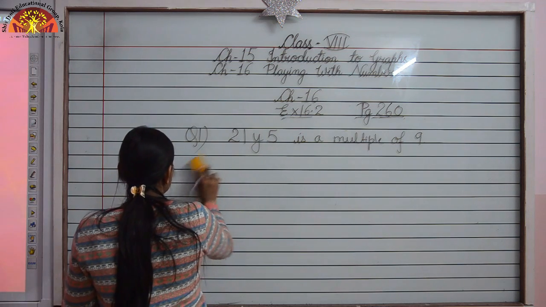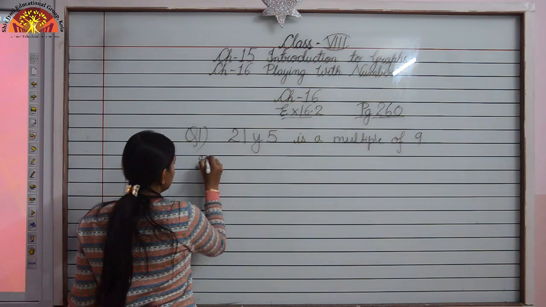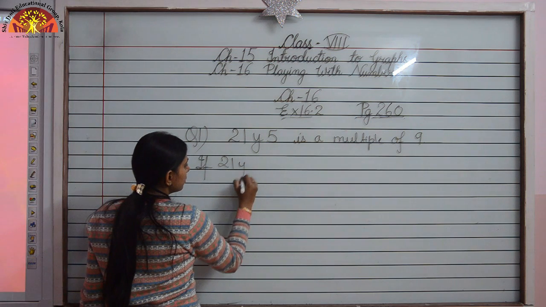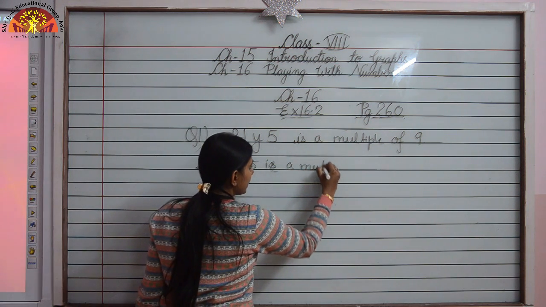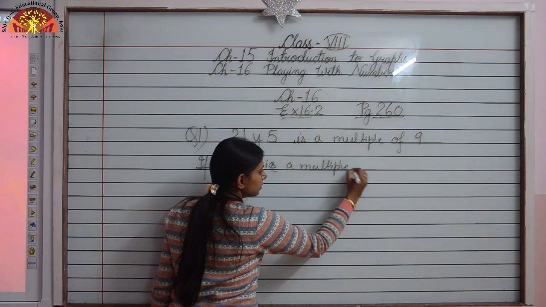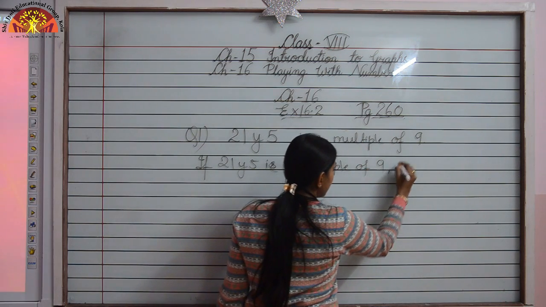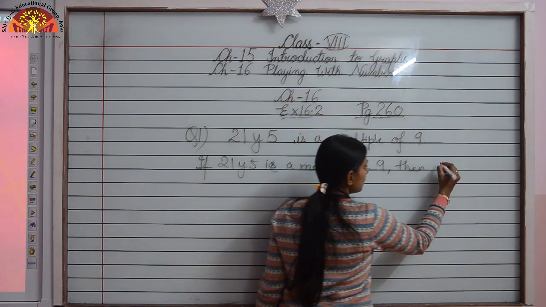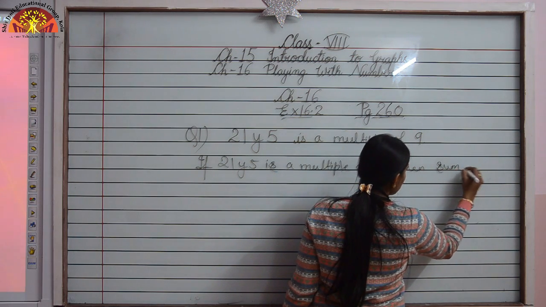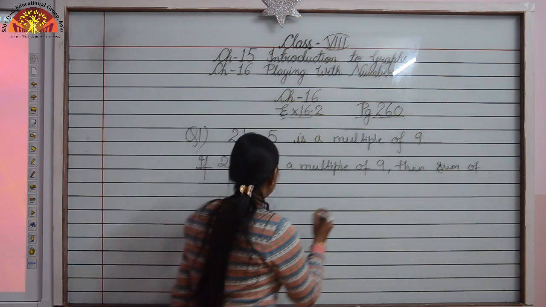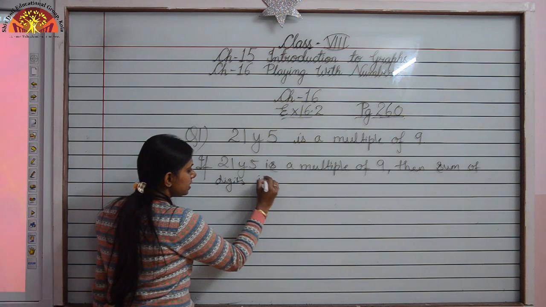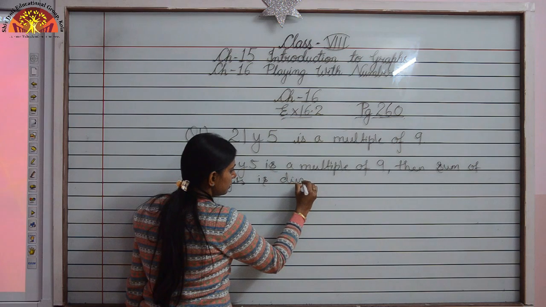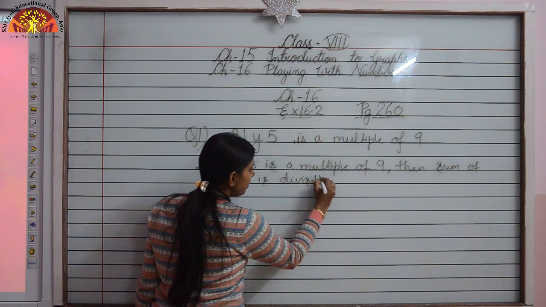If 2155 is a multiple of 9, then the sum of the digits is divisible by 9.